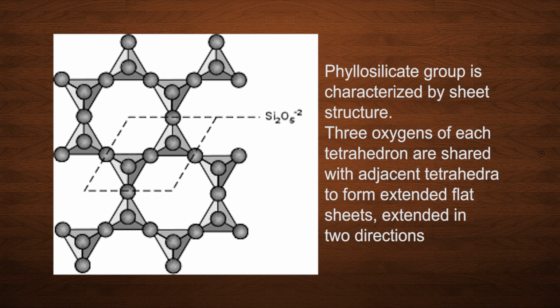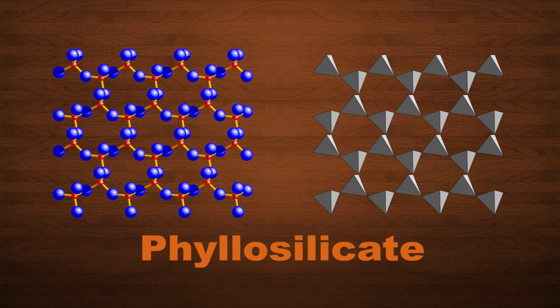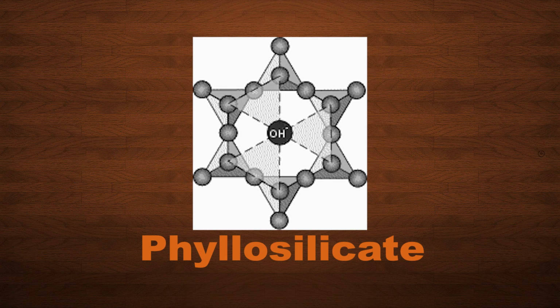This group is characterized by sheet structures. The 3 oxygens of each tetrahedra are shared with adjacent tetrahedra to form extended flat sheets extended in 2 directions, and the remaining apical oxygen points towards you. This apical oxygen generally bonds with other octahedrally coordinated cations.